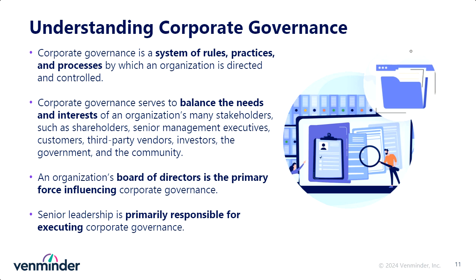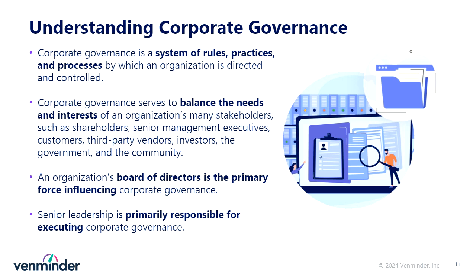So now that we've talked about benchmarks and things that you want to manage, let's jump into understanding the nature of corporate governance. So corporate governance, as many of you probably are already aware, is a system of rules, practices, and processes by which an organization is directed and controlled.